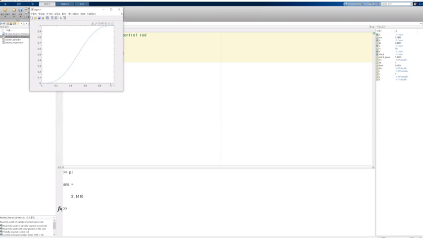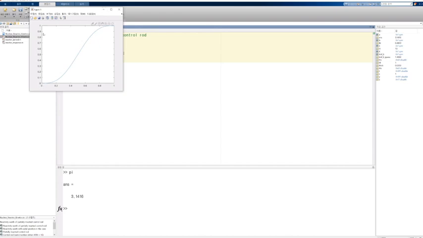So in the x-axis we have the ratio of the depth of control rod insertion to the height of the reactor. In other words, the amount of depth that control rod is able to insert.